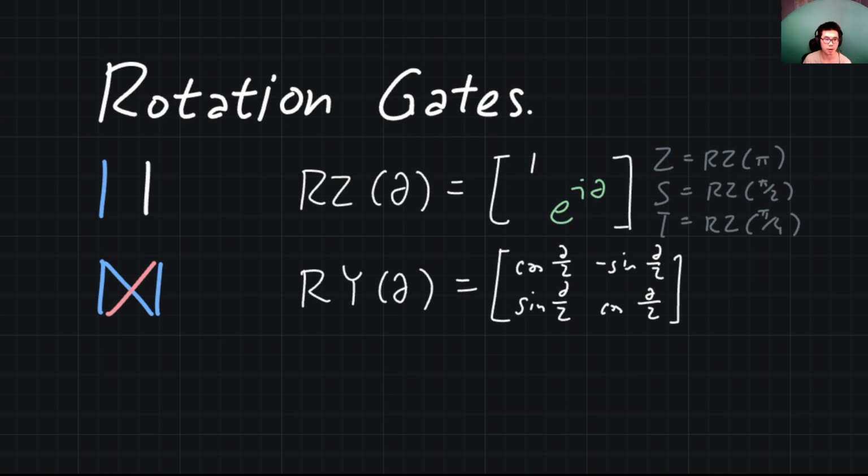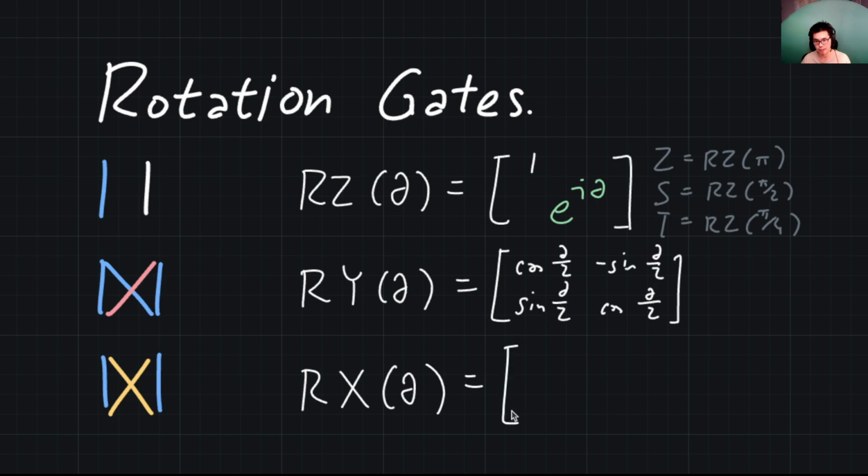Likewise, we have the Rx gate. The Rx gate also behaves like a Hadamard, except this time the Hadamard looks more symmetric and it can be seen as a hyperbolic rotation.